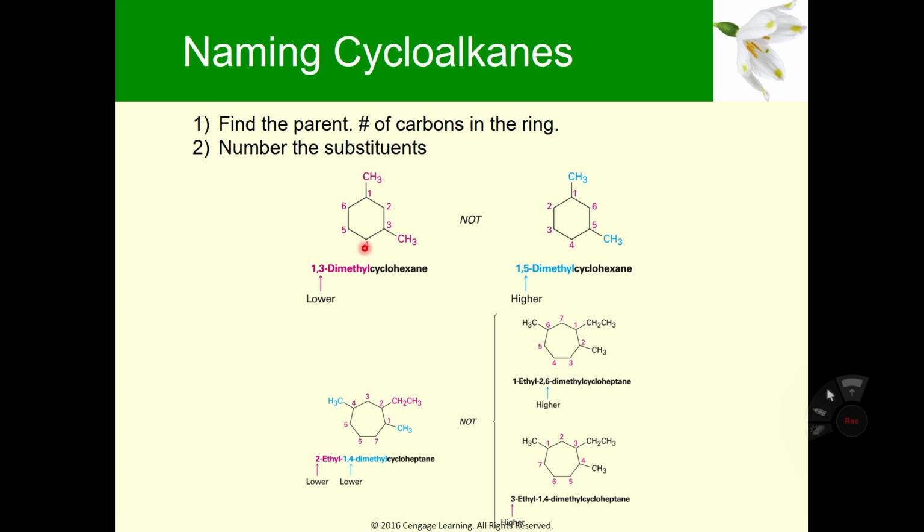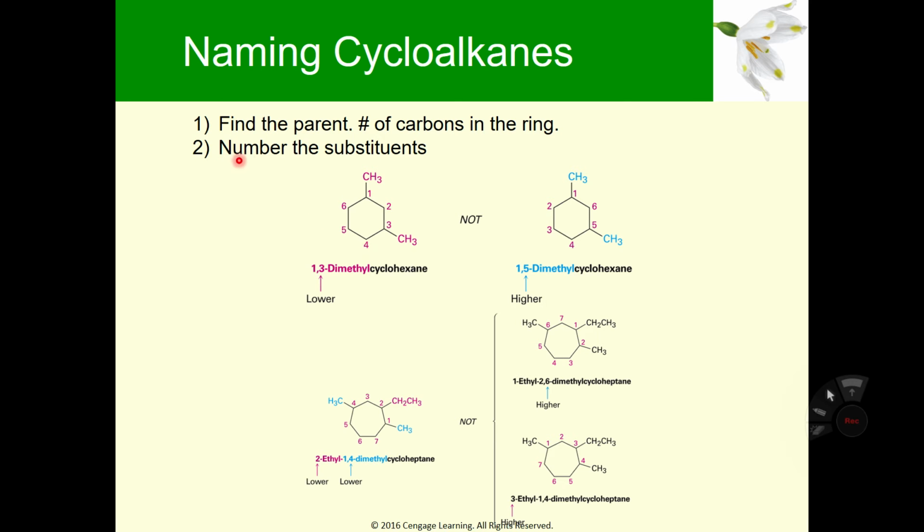Therefore, the parent will be the cyclic form rather than the linear form like this. In this case, the parent is the cycle and the methyl group is the substituent. So if you look at the parent, that's cyclohexane.